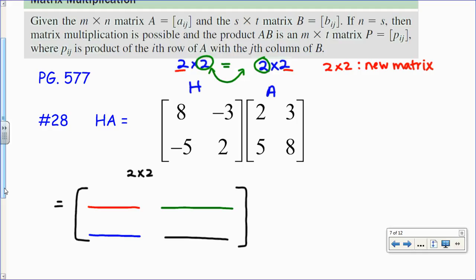Row 1, column 1. So I do the rows of the first one, row 1, columns of the second one. Row 1, column 1. And I match up the first and second entries of those. So I'm going to do 8 times 2 plus negative 3 times 5.